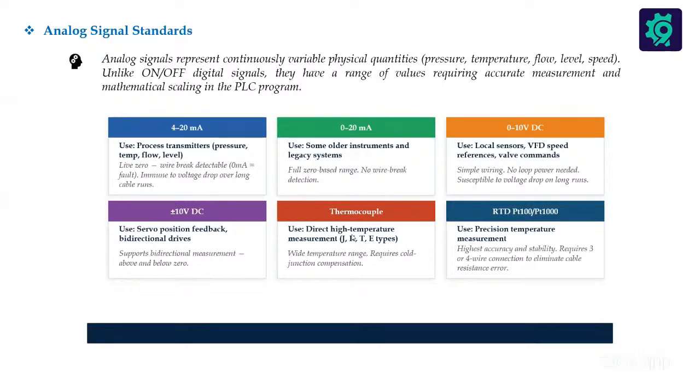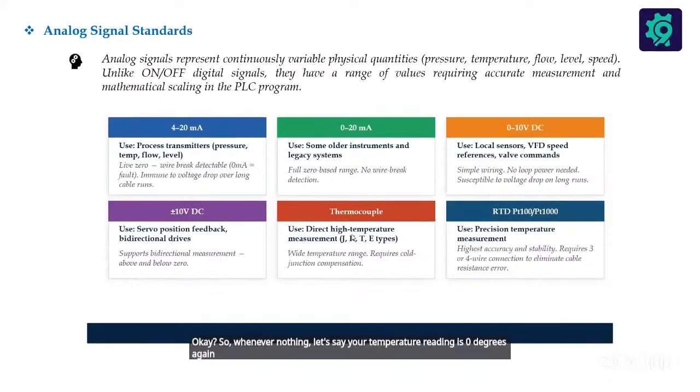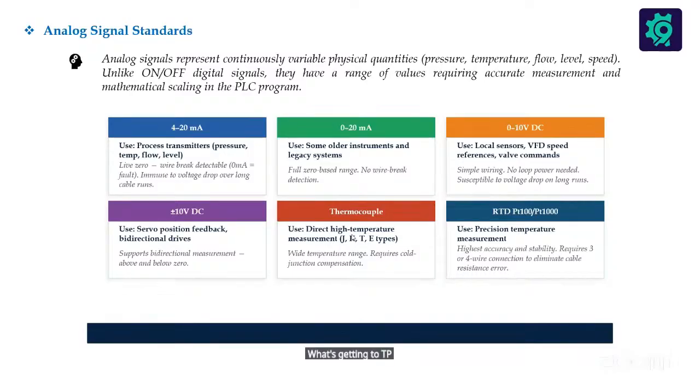it means that when your variable is at the low end, what gets supplied into the PLC is 4 milliamp. Let's say your temperature reading is 0 degrees centigrade, what gets into the PLC is 4 milliamp. So you know at that point that your temperature is 0.